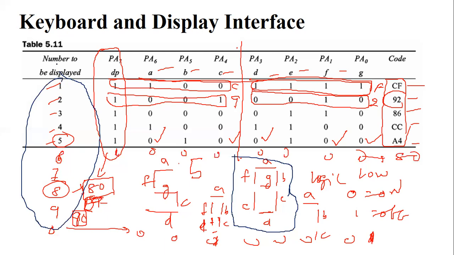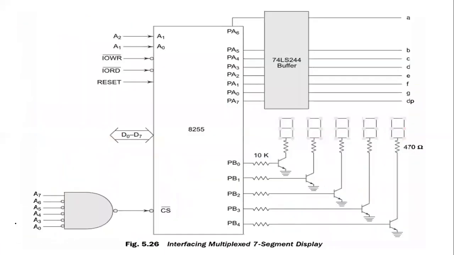Whichever number you want to turn on, according to that you set these 8 port lines. Remember, the DP is always off, and the remaining signals are low level logic. Low level logic means 0 is on, 1 is off. You should not be confused about this.